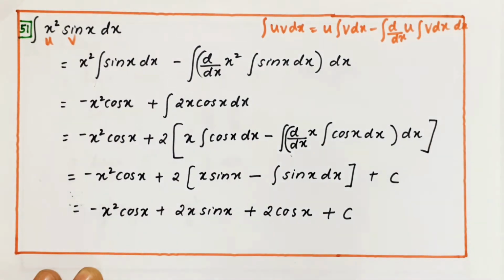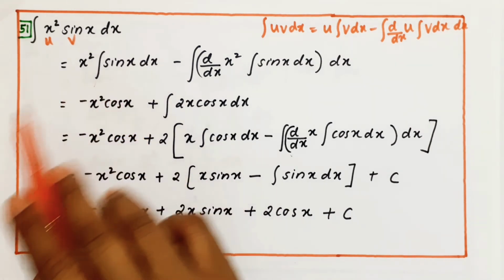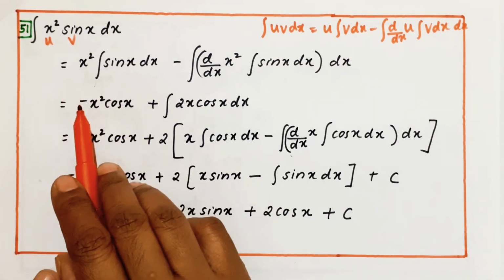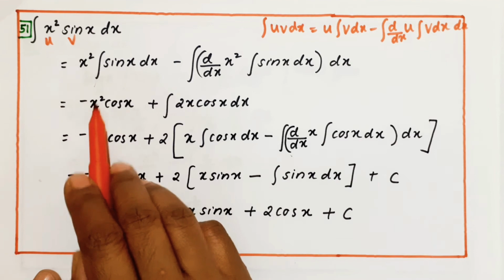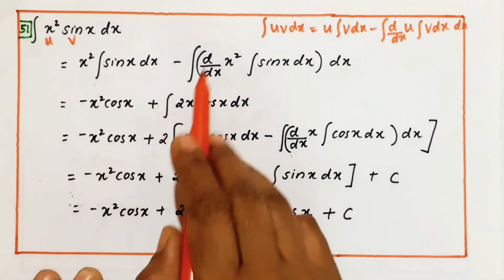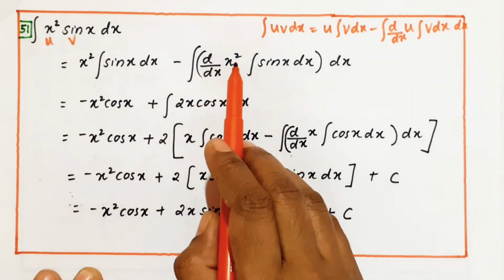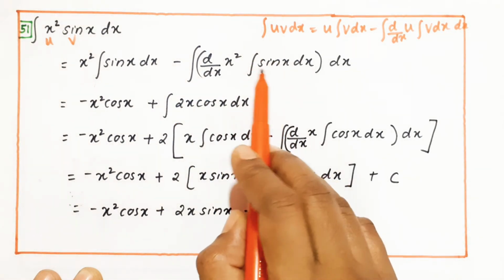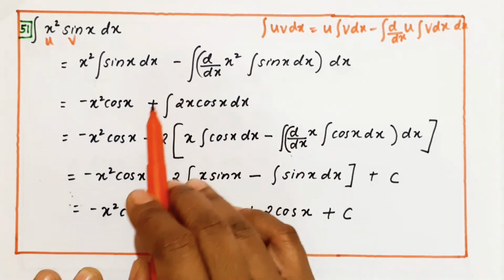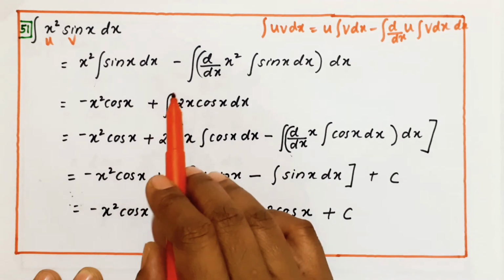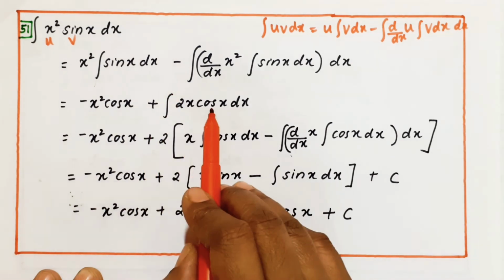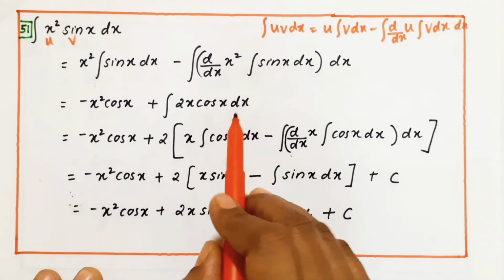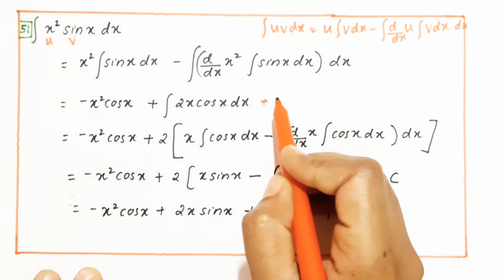Next is simple. The integral of sin x, I told you in the previous step, is minus cos x. So it is minus x square cos x plus integral of, what is d by dx of x square? 2x. The integral of sin x is minus cos x. That minus and this minus will become plus. So we can write integral of 2x cos x dx, plus c.